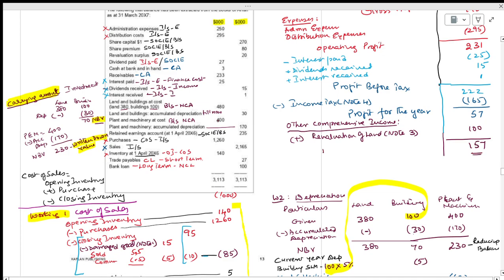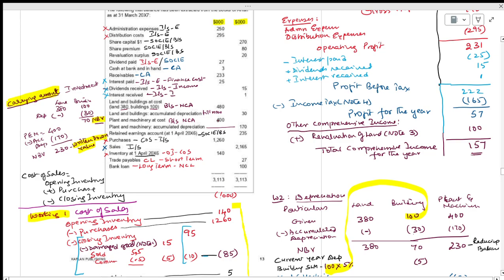This is called total comprehensive income for the year. How much is the total comprehensive income? 157.